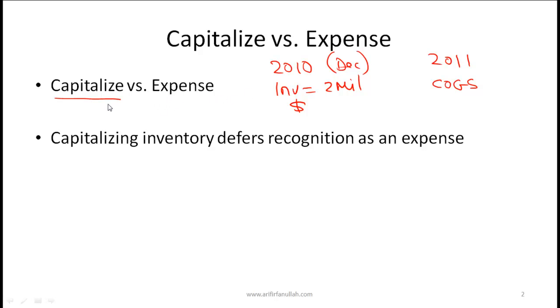Not everything is capitalized. There will be certain expenses such as electricity bills and so on, which you just expense when incurred. So if in December 2010 you had an electricity bill worth 10,000, it makes no sense to capitalize that, so you will simply show the expense of 10,000 in 2010.